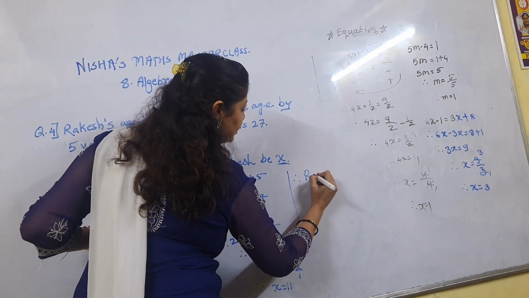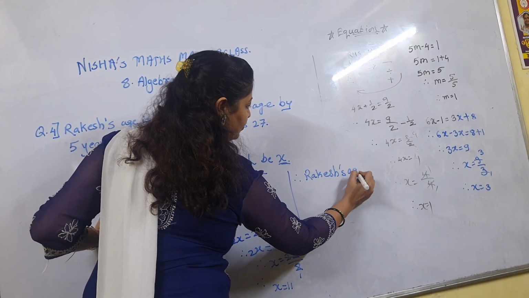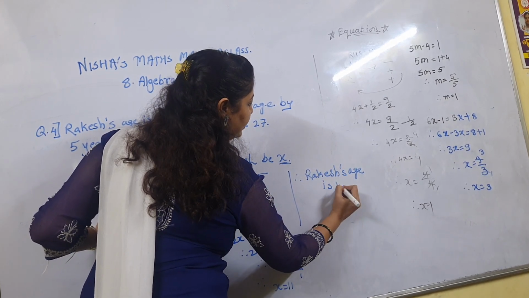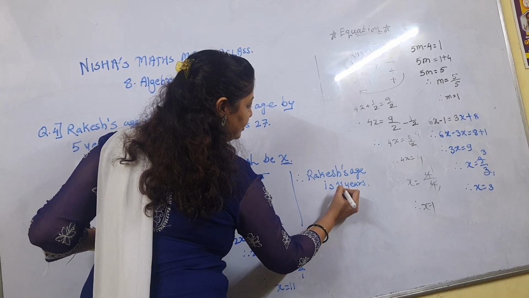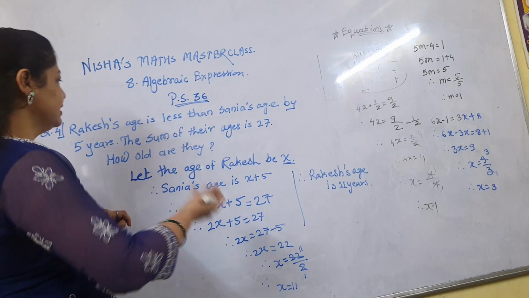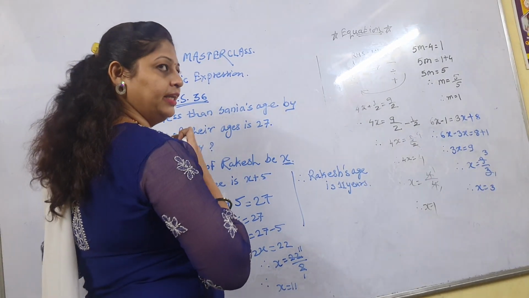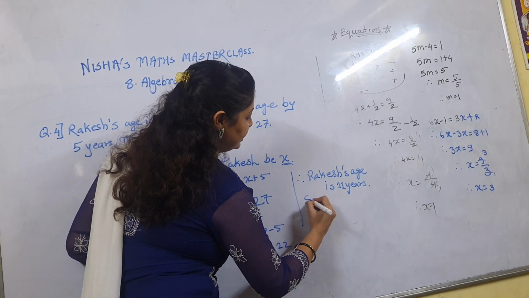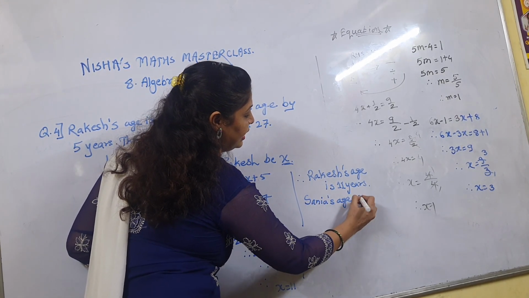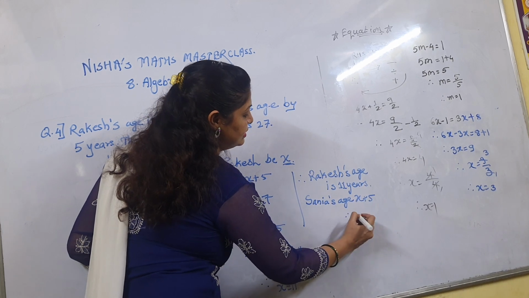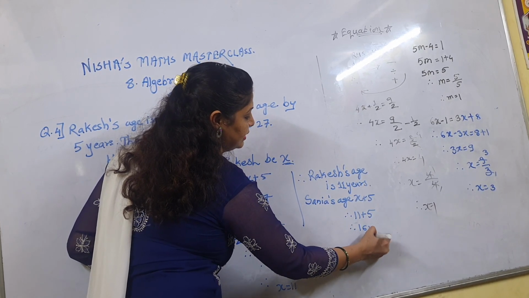So Rakesh's age is 11 years. Now Sania is elder than Rakesh, correct? So Sania's age is x plus 5, means 11 plus 5. So 16 is there.